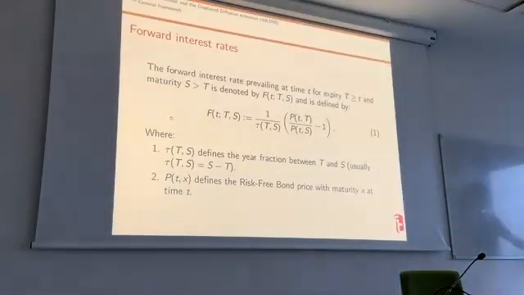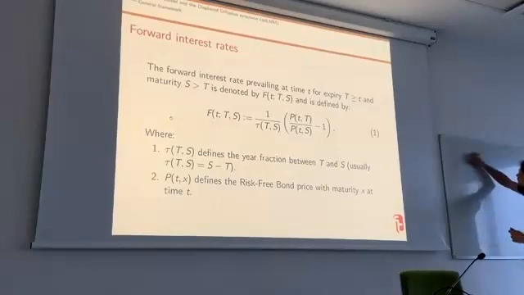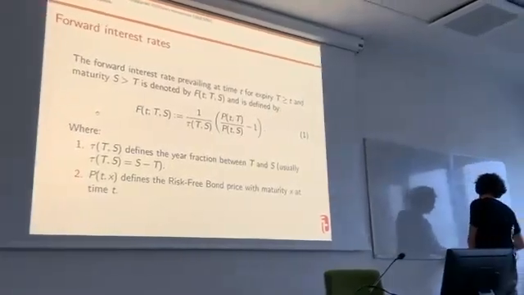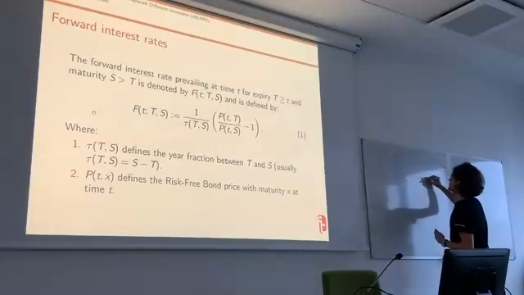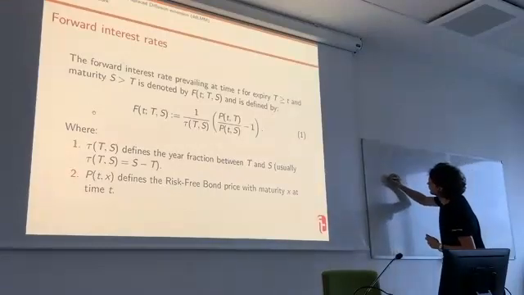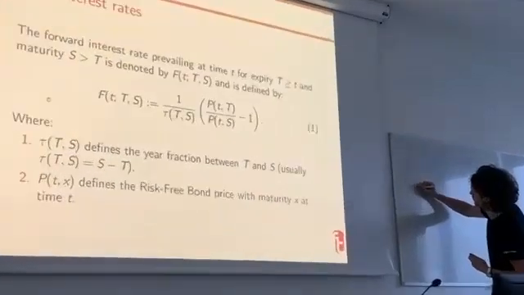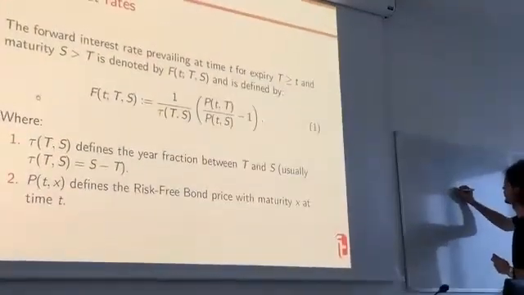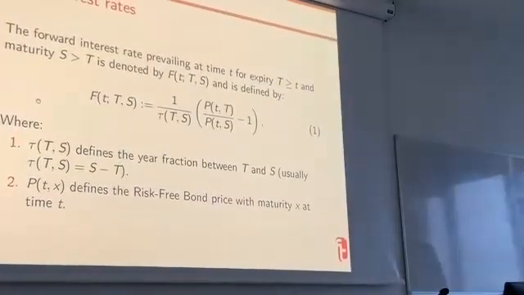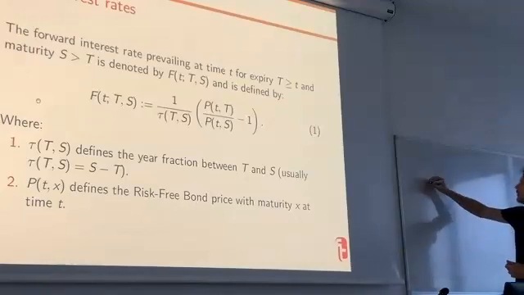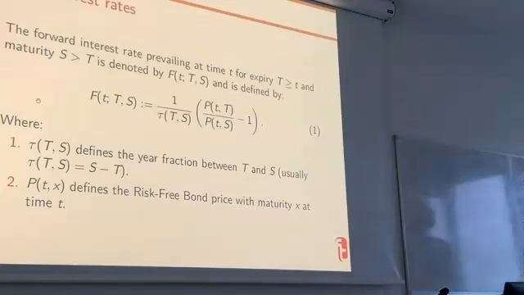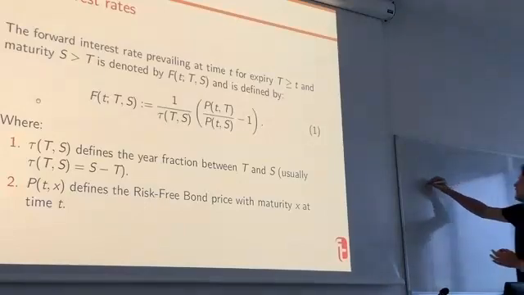draw. So we have something like that. Suppose we are here, small t equal to 0, then we have the capital T, which is our expiry, and then we have the maturity. What we know is that the forward rate could be seen as a stochastic process. And it is evolving.